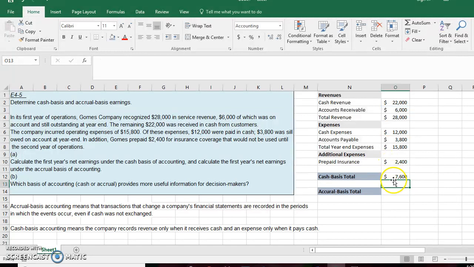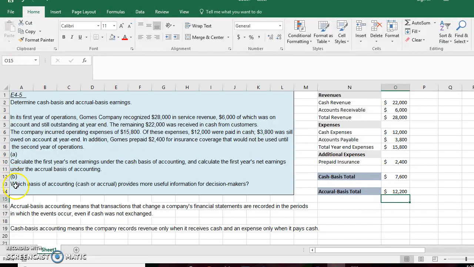And that gives us a total of $7,600. For our accrual basis, it's a little bit easier. We're going to enter our total revenue minus our total year-end expense. And that gives us $12,200.